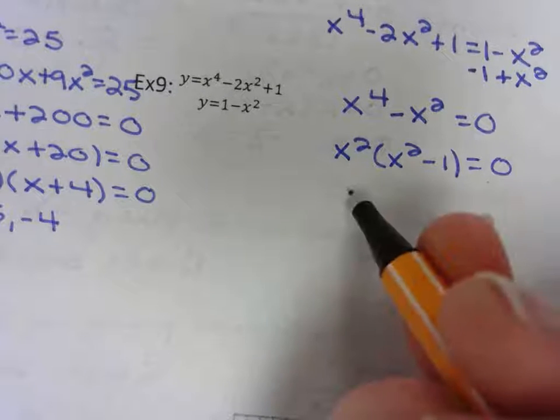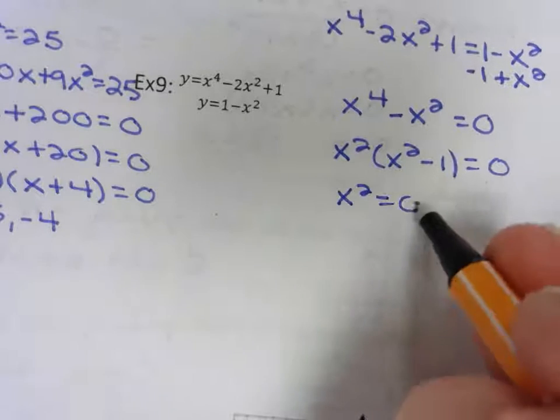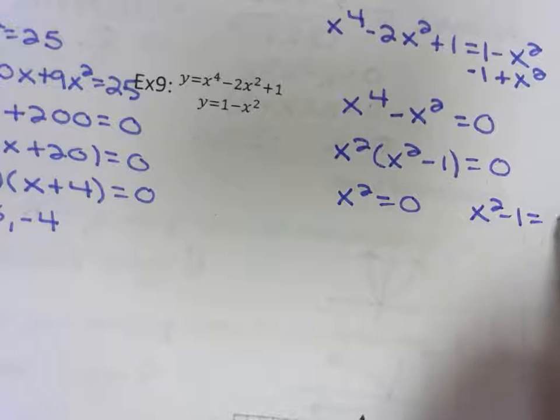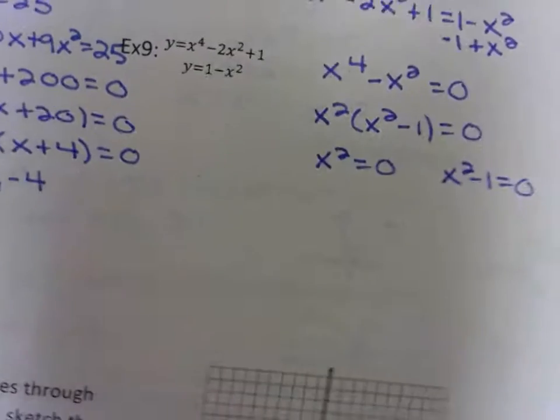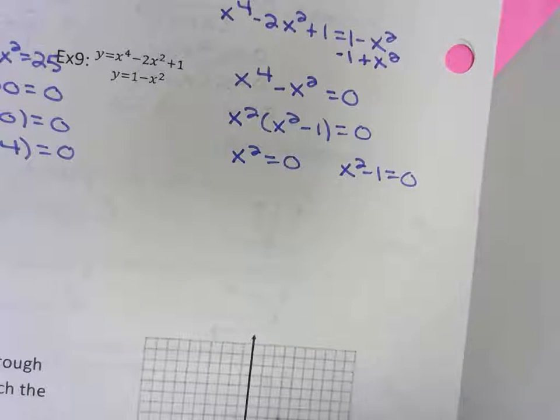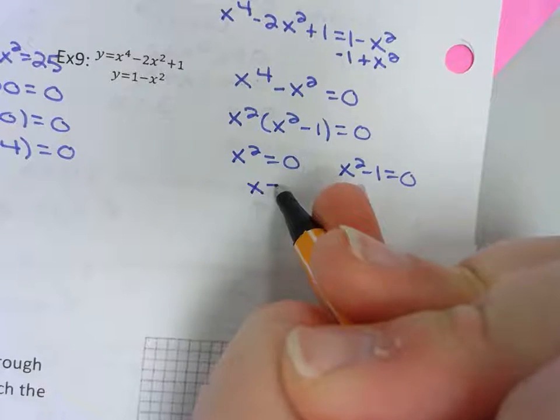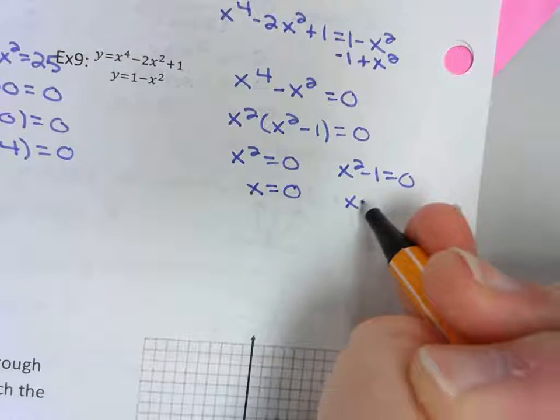Set them equal, so we're going to have x squared equals 0, and x squared minus 1 equals 0. So my x values are what? 0, plus or minus 1.